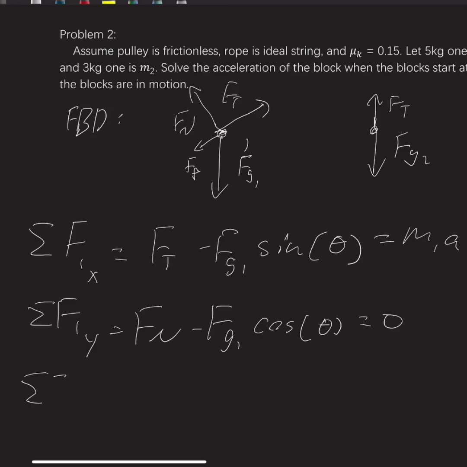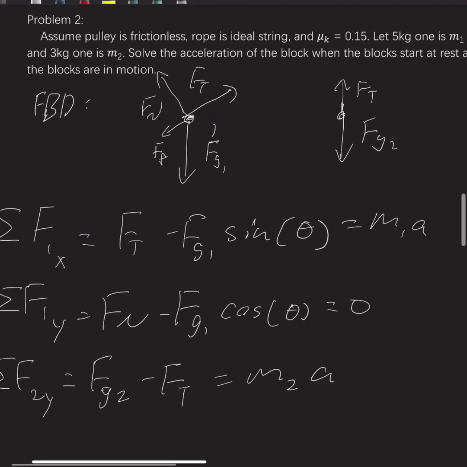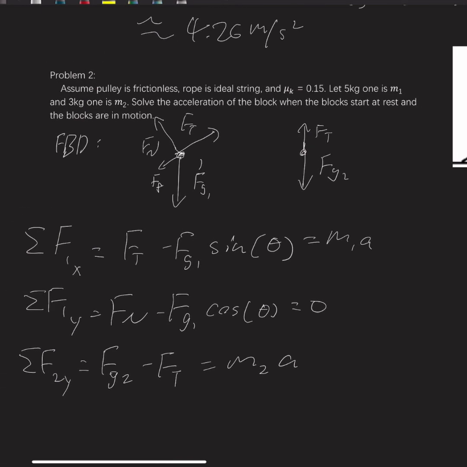And the sum of the forces for object 2. It only has y direction force, which is equal to Fg2 minus Ft, which is equal to m2a. Note that the a in the first one and the third one are the same because it's an ideal rope where it's not stretchable.